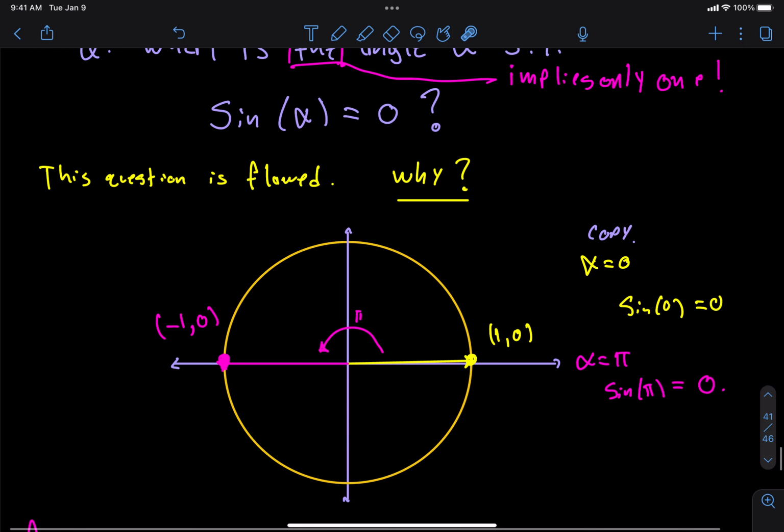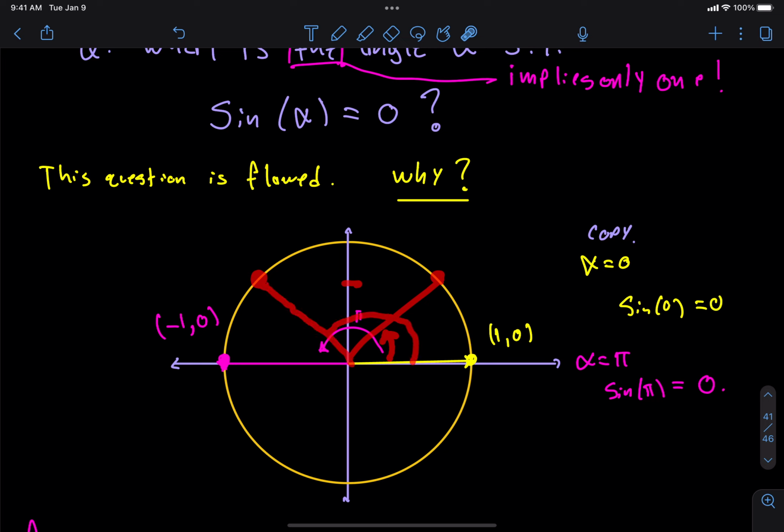Look, sine of alpha is going to tell us the height of a point on the unit circle. No matter what height I choose, there's always going to be 2 points on the unit circle who have that height, right? And of course, each of these points has a corresponding angle which points at those points. So this would be one, and then this would be another one.